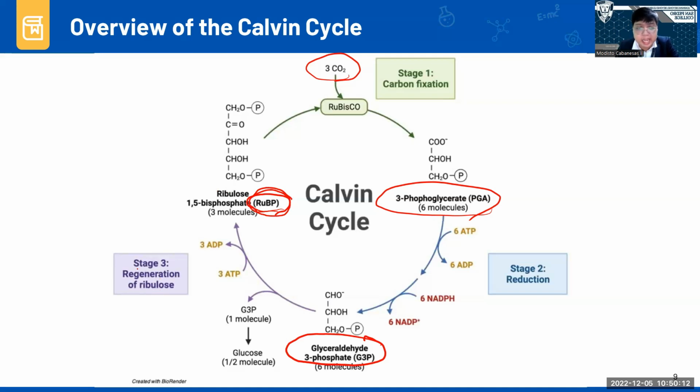Ang end ng stage 3 is the formation of this molecule. So, that's the overview of the Calvin cycle. Of course, very complex siya, so we will discuss it as simply as possible. So, ready na ba? Sige. So, if ready na tayo, then let's proceed.